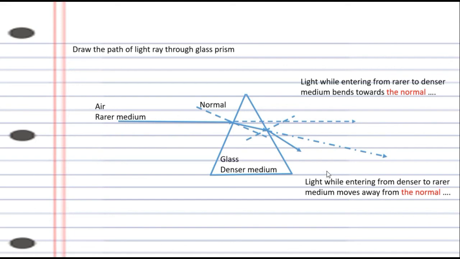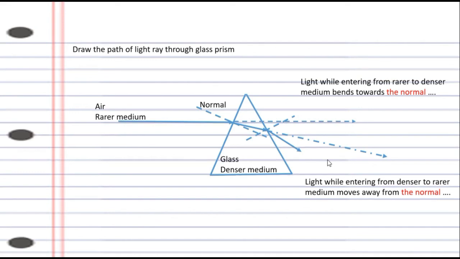I hope you have understood the property of light is exactly applied here in case of path of light ray through prism. So this light ray is moving away from the normal, okay? So finally, to conclude, when the light moves from rarer medium to denser medium, it is moving towards the normal.